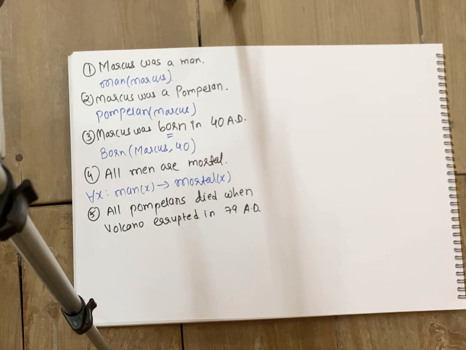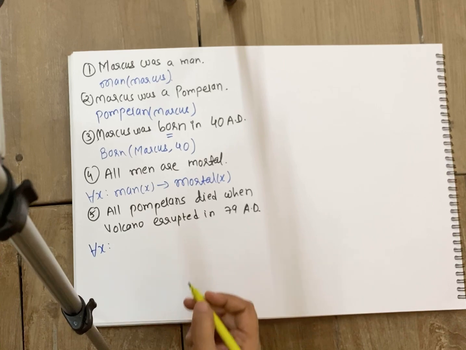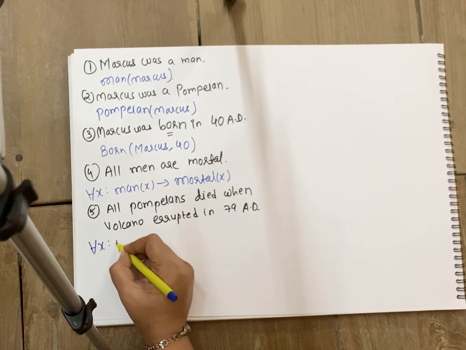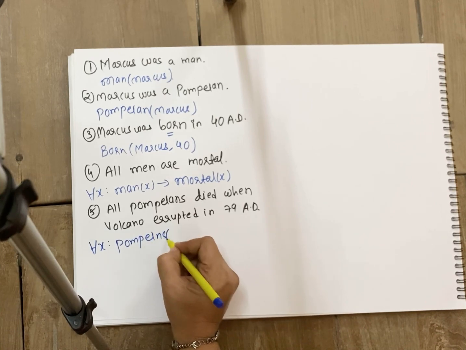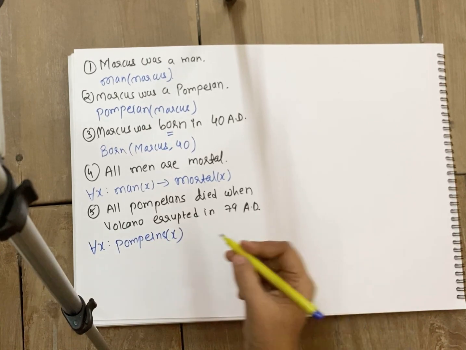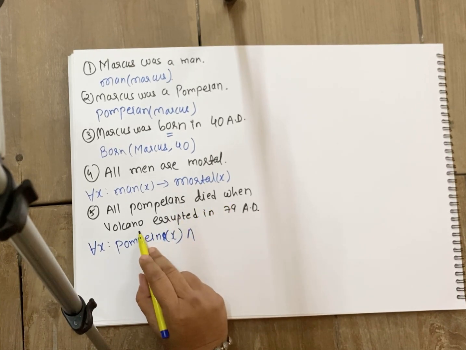All Pompeians died when volcano erupted in 79 AD. So here we are talking about all Pompeians. So first of all I'll take for all x. We are talking about all Pompeians, so Pompeian(x), and volcano erupted.